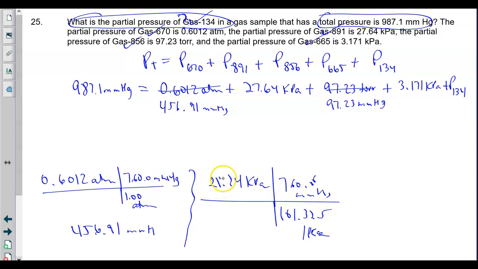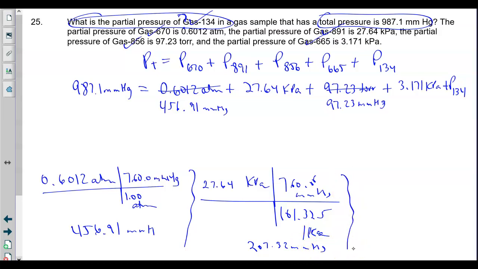I don't know why this part of my screen is being sensitive, but it is. So 27.64, I'm going to get to 207.32 mmHg. This should be a review for you.